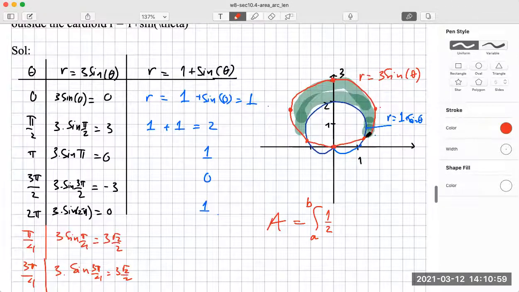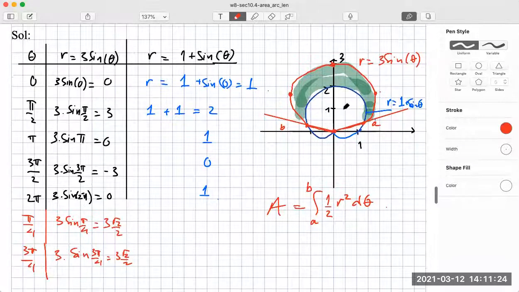Let us compute the area enclosed by the red curves here, right? Let us call the angle theta here A, and the angle theta here B. 1/2 of r squared d theta. That is by the red curves, okay?